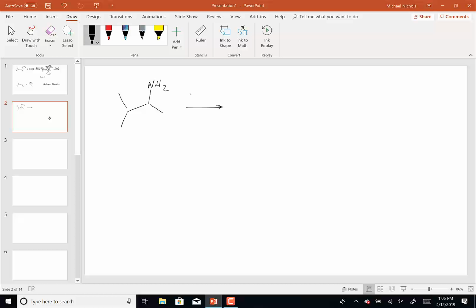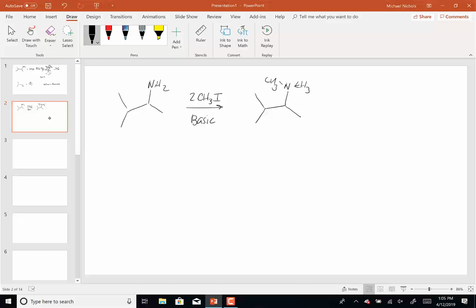So I'm going to add 2 equivalents of a methyl halide, again under basic conditions, and now I'm going to add 2 methyl groups to the nitrogen to give me not an ammonium. There's no plus charge there. To give a tertiary amine.